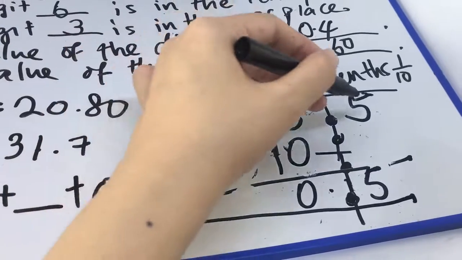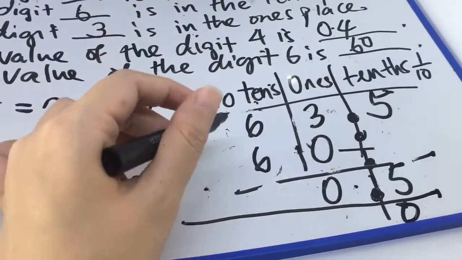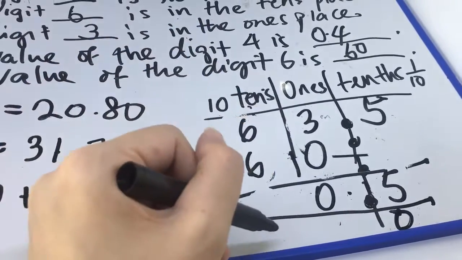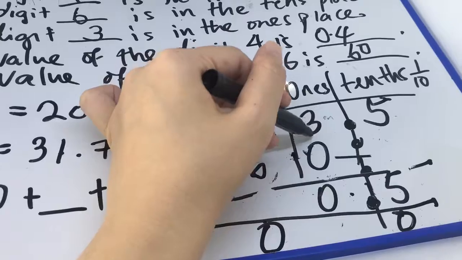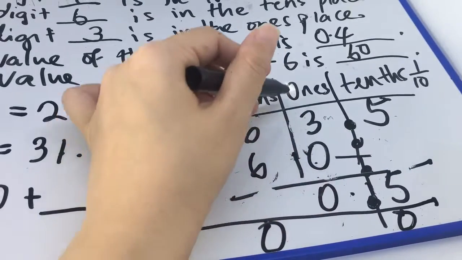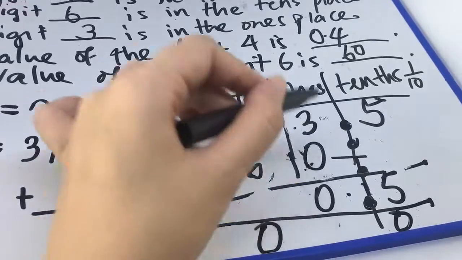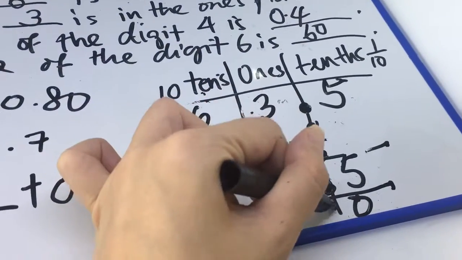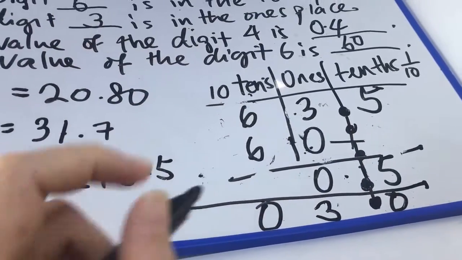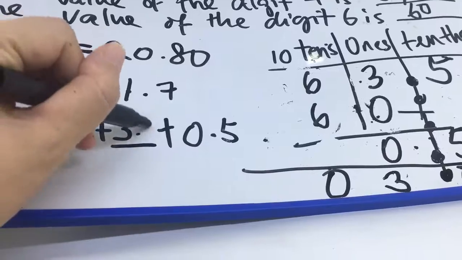So if I take 63.5, I take away the 5 tenths, I'm left with 0 tenths. I take away the 6 tens, I'm left with 0 tens. I'm not going to take away 3 ones. There's 0 ones here. So if I have 3 ones, I take away 0 ones, I'm left with 3 ones. But remember the decimal point, this is not 30. So it is 3.0, or 3 for short.